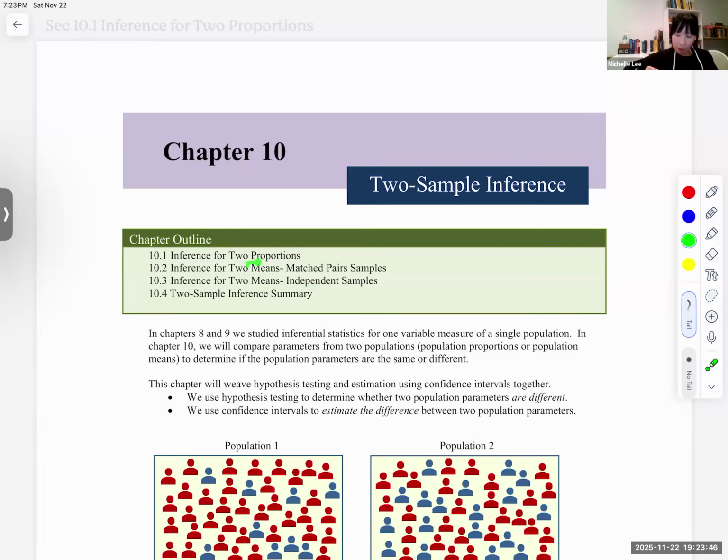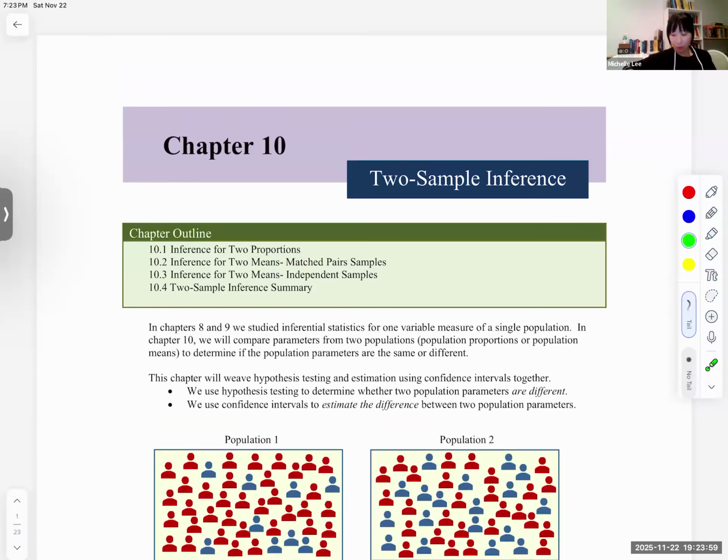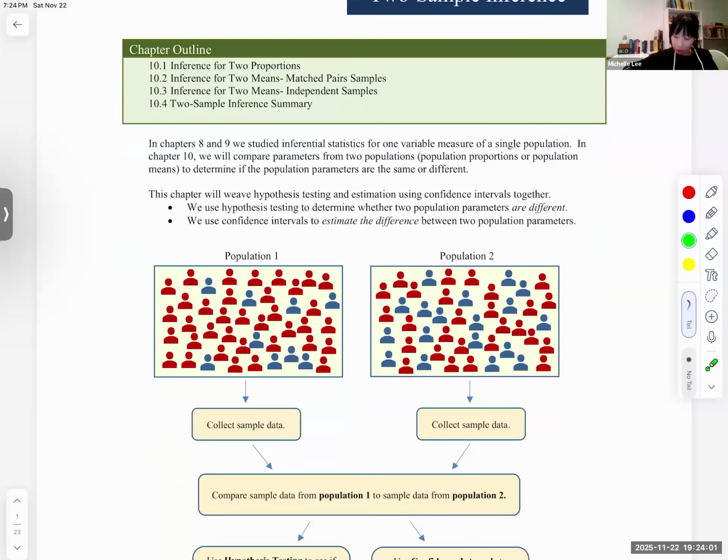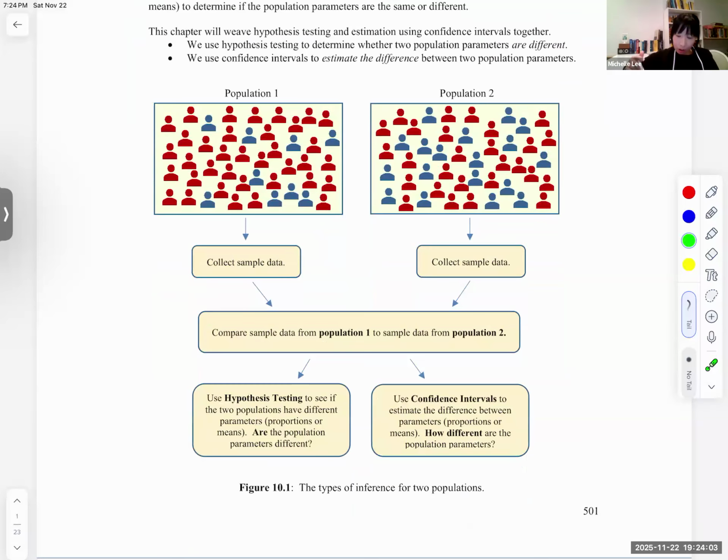Okay, so first one, proportions, and second one, two means matched pair samples, and then two means independent samples for section 10.3. So we have two samples, right? Population one, population two, we collect the sample data from each population.